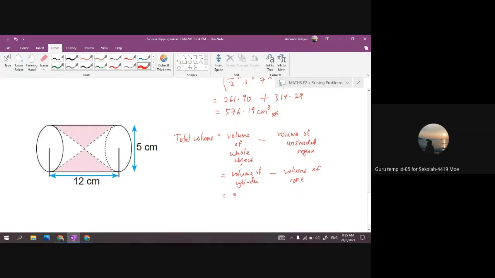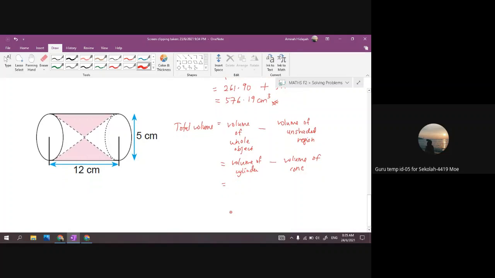Okay, so formula untuk volume of cylinder adalah pi r square h, right? Pi r square h minus volume of cone. Since there are two cones here, 1 and 2, so 2 times the volume of cone. So formula dia adalah 1/3 pi r square h.